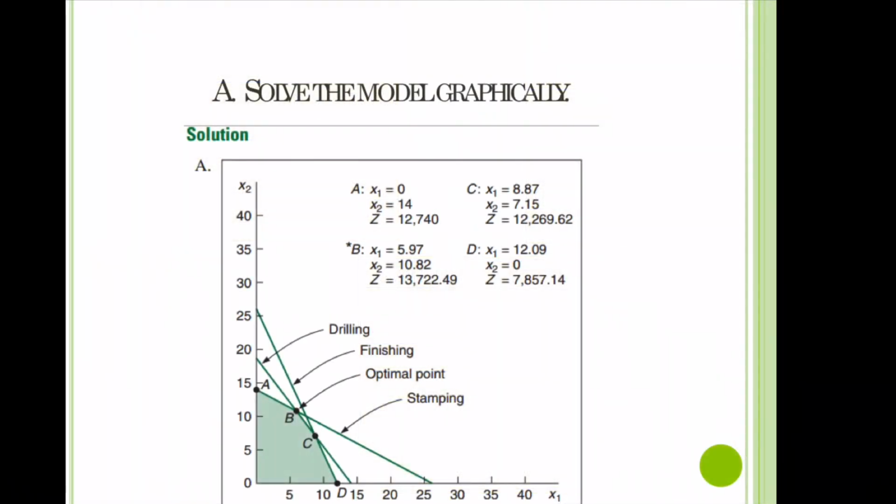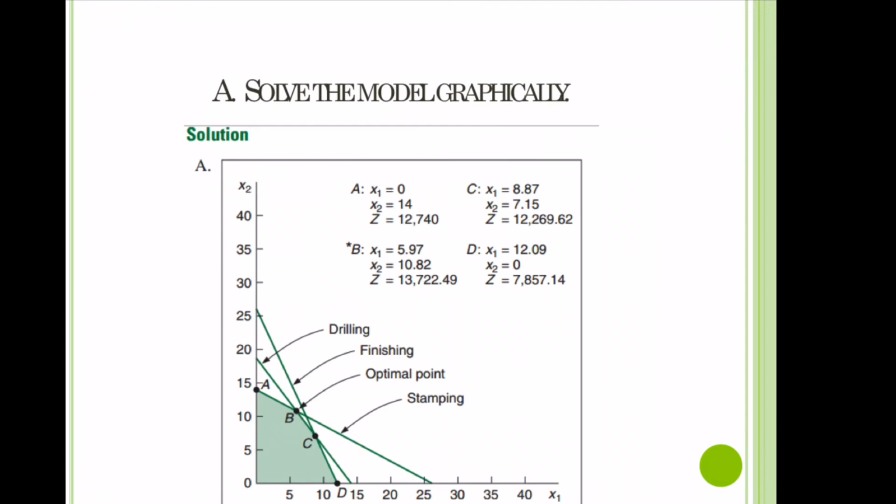Solve the model graphically. This is the solution for objective A. Point A is x sub 1 equals 0, x sub 2 equals 14, and Z equals $12,740.